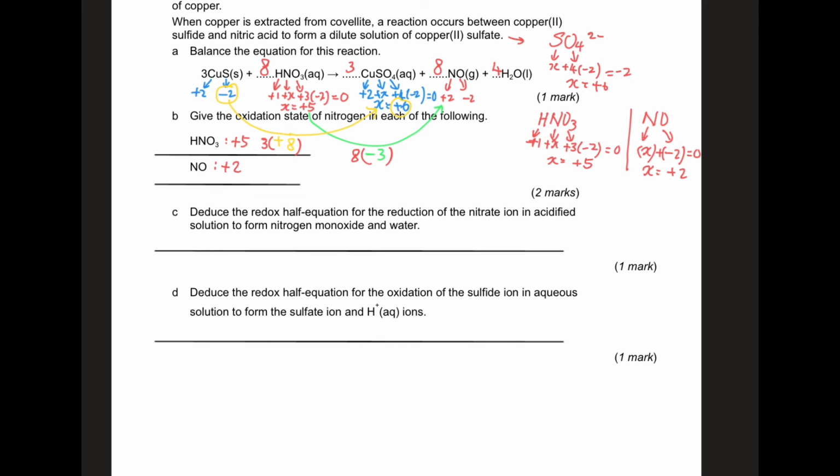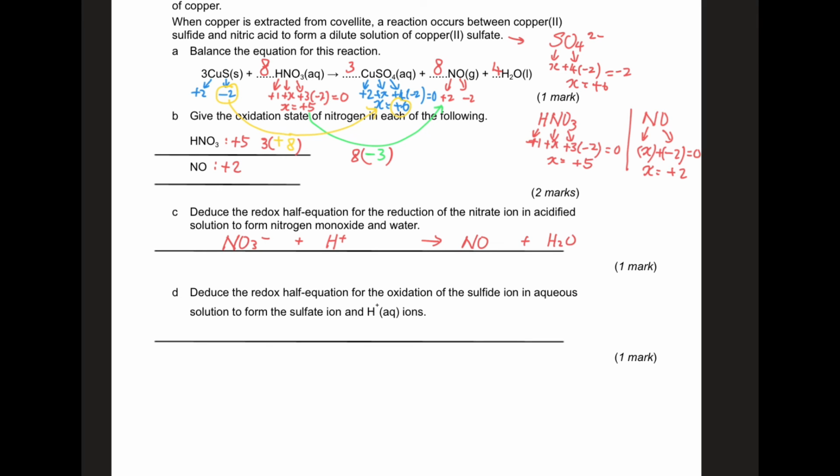So I write down first NO3 minus. In acidified solution, that means we should expect H plus. And then to form nitrogen monoxide, NO, plus water, H2O.